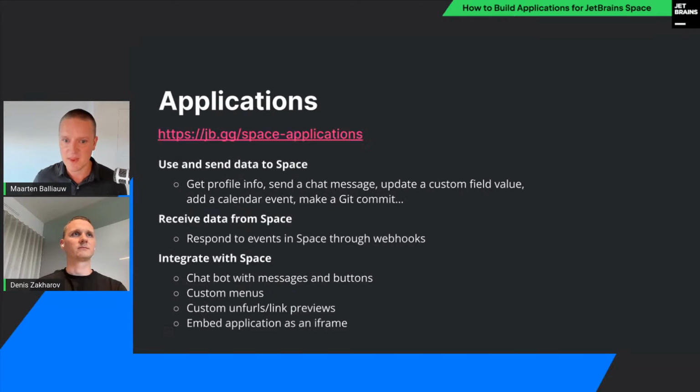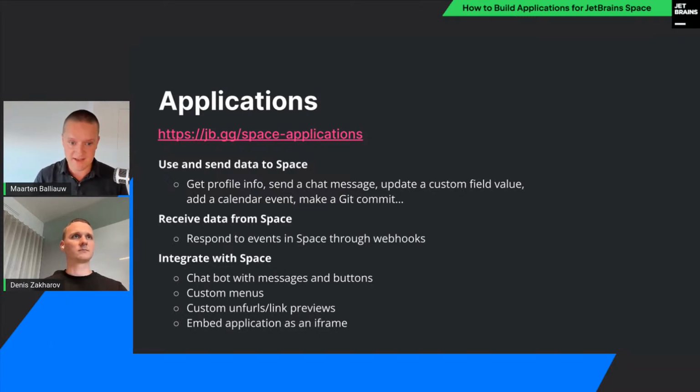So let's look at some of the extensibility options that you have in Space. Right now, you can build applications that use data from Space. So if you want to work with the API and, for example, get profile information or send chat messages or update custom fields, add calendar events, things like that, you can do that currently.